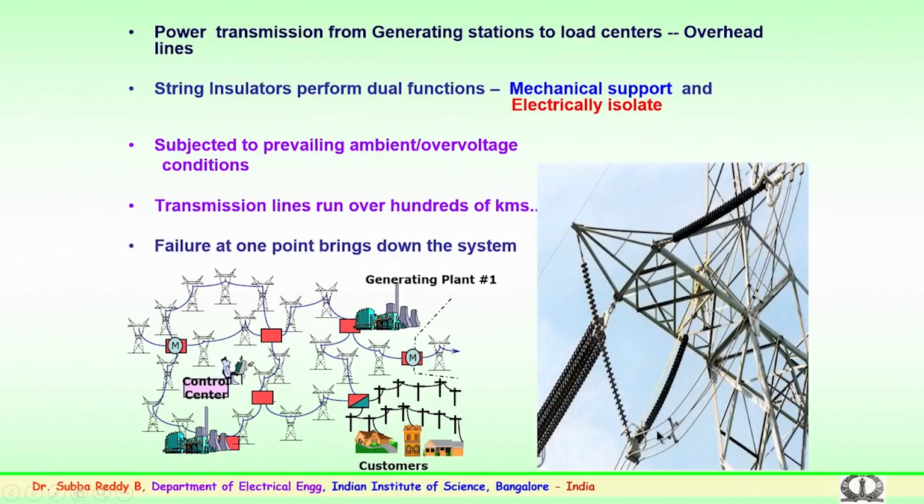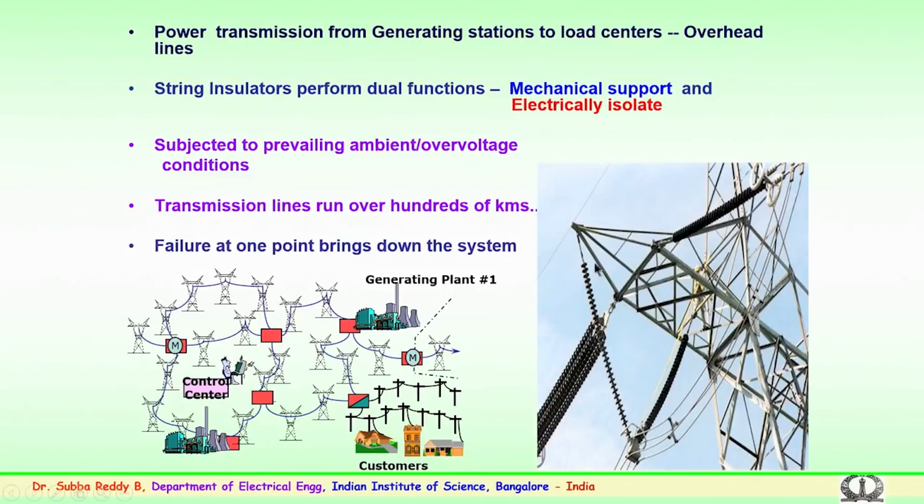Here for an example, you can see a 4 bundle conductor with several accessories like spacer, corona control ring, and several of these. So these conductors are at very high voltages, could be at 400 kV or 765 kV or 800 kV levels. So this potential at the transmission voltages has to be isolated from the metal tower.